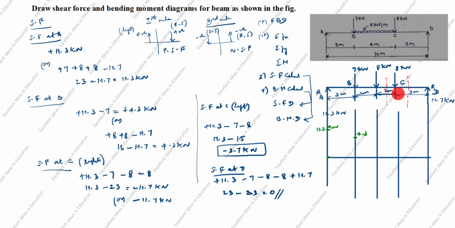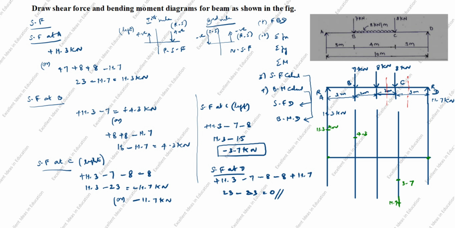Next, shear force at C, we calculated left and right sides. First we take the left side. Left side is minus 3.7. So minus means it comes down. You see the right side is minus 11.7. So it comes down to 11.7 here. Next, shear force at D is 0.